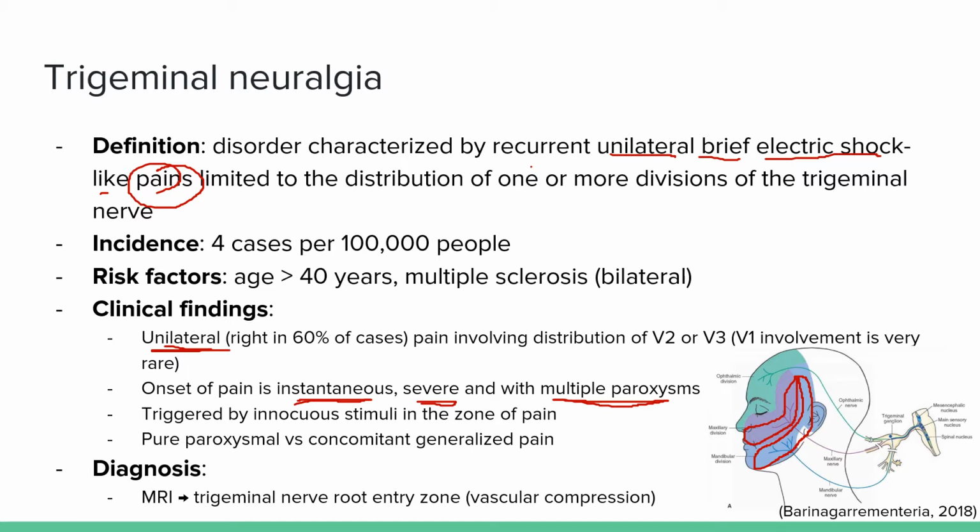It is triggered by innocuous stimuli in the zone of pain, like touching or other sensory stimuli, and the clinical course can be pure paroxysmal with multiple flares, or concomitant generalized pain in the face in these areas with attacks accompanying.